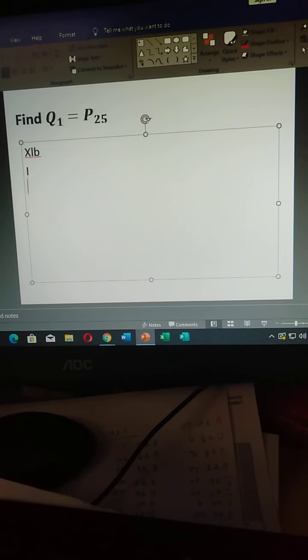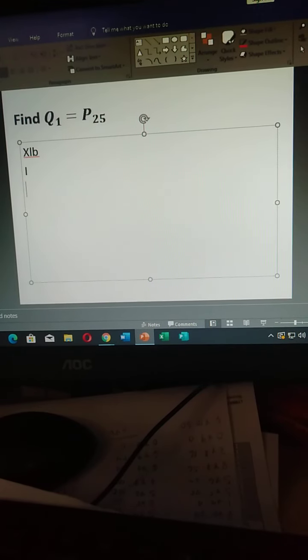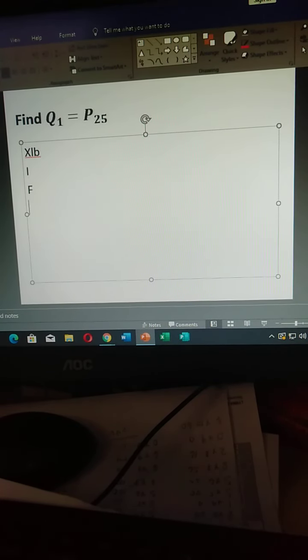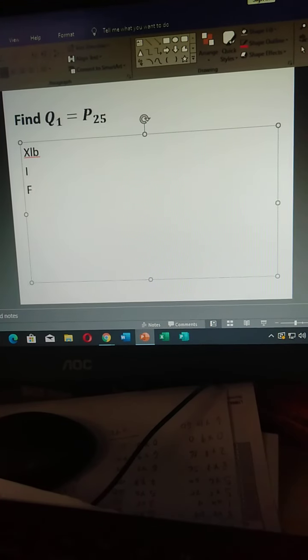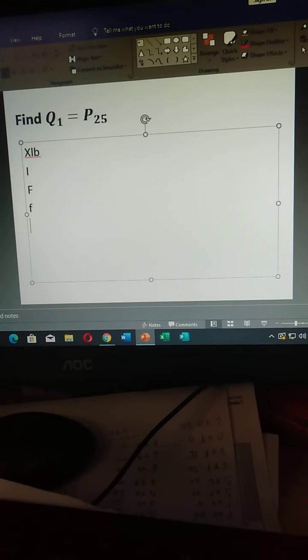We have interval. Ano pa ba yung hinahanap natin? Aside from that, we have the capital F. And we have the smaller f. Okay, ano pa ba yung hinahanap dito? Only one. Wala na ba? Yan lang? Okay, yan lang po.